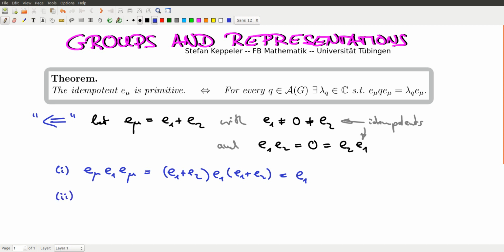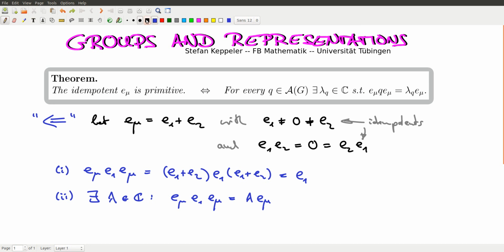On the other hand, we know that there exists some number, let's just call it lambda. We need no index here. Some number lambda such that e mu e1 e mu is just lambda e mu. So now we've used this here.